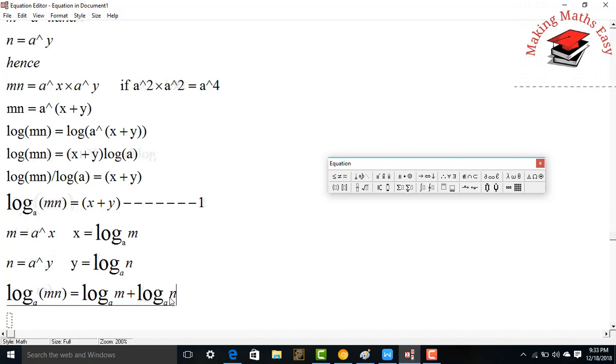Okay, so the first property we have proved, but you may have a doubt in your mind about how we get this answer, where x is equal to log of m base a.